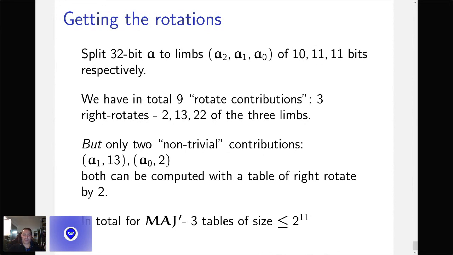So in total for this Maj prime, what do we need? We need the table that goes to this 16 sparse representation, but we need it for 11 bits, and we also need it for 10 bits.